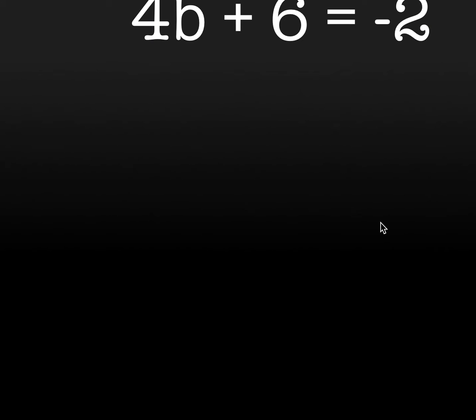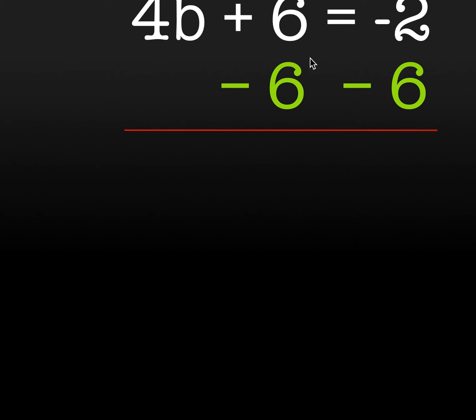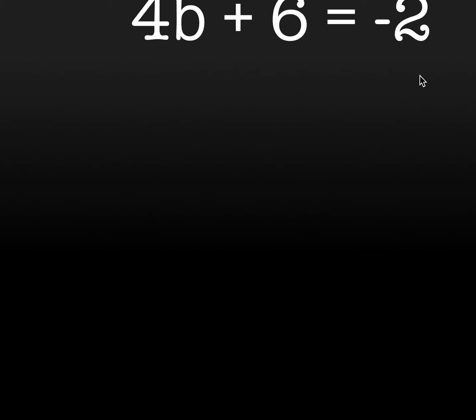So let's look at how to solve something like 4b plus 6 equals negative 2. Well, we're trying to find what b equals. So we want to get rid of everything else that's on the same side of the equation as b. The 4 is stuck tightly to b through multiplication. So let's worry about that last.